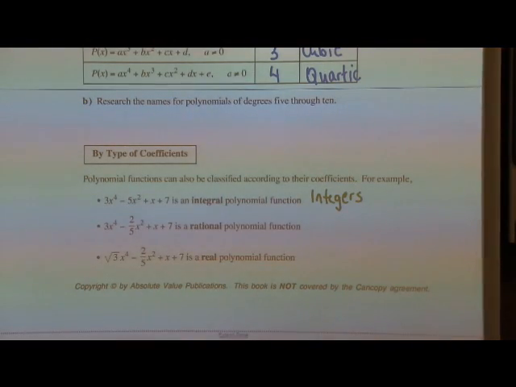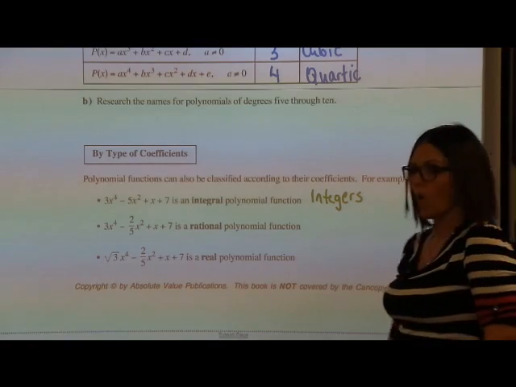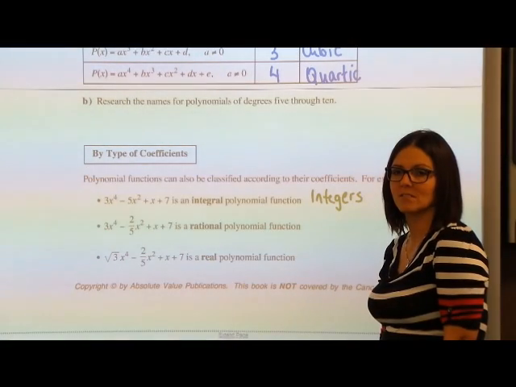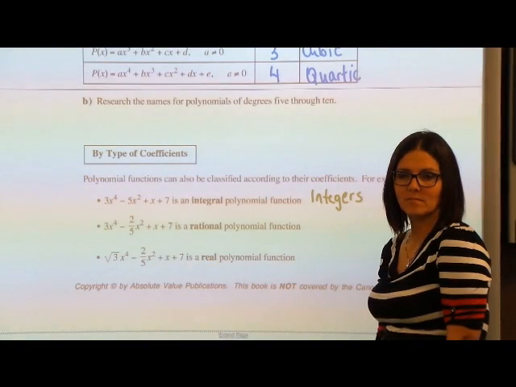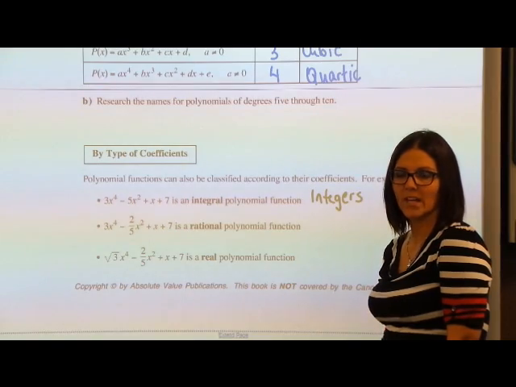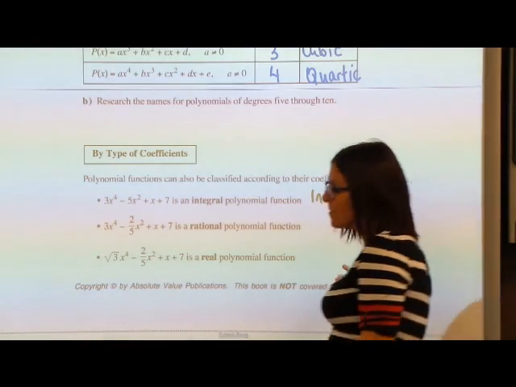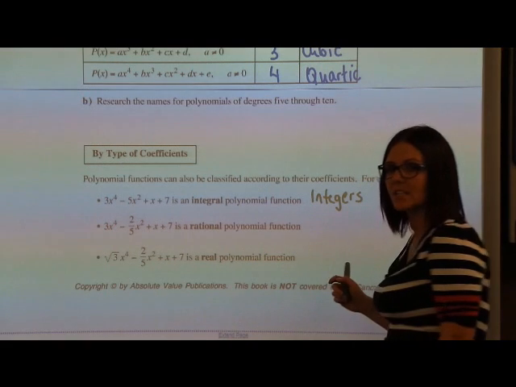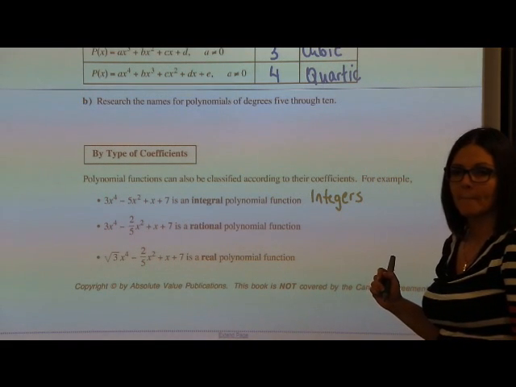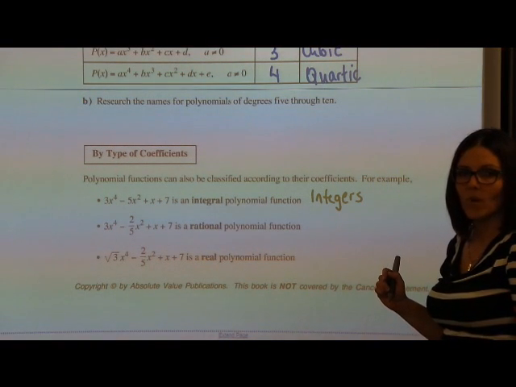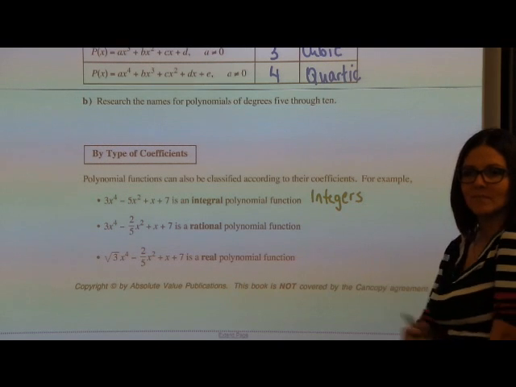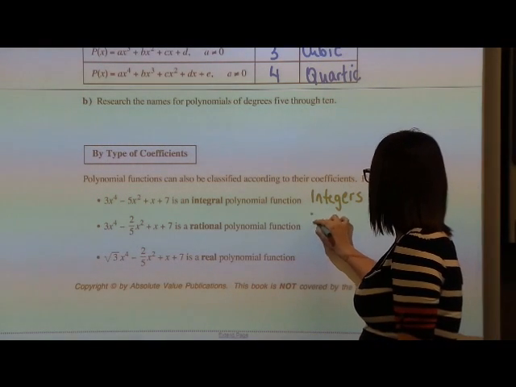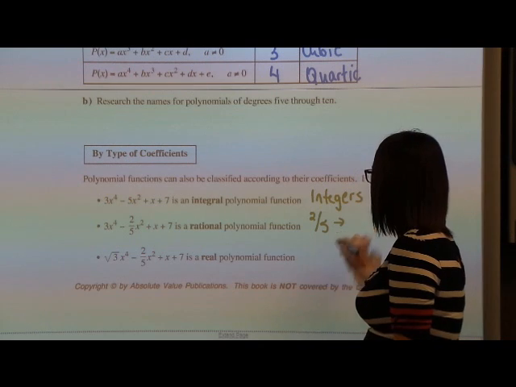3x to the power of 4 minus 2/5 x squared plus x plus 7 is a rational polynomial function. Why the term rational? What gives this function its rational classification? What value? And why is it the 2/5?